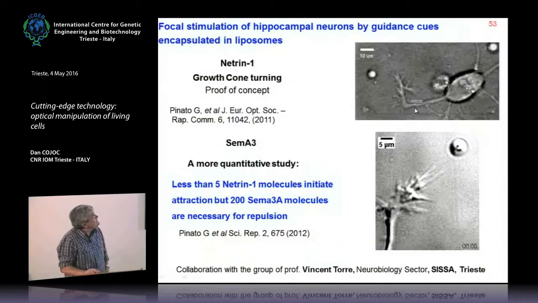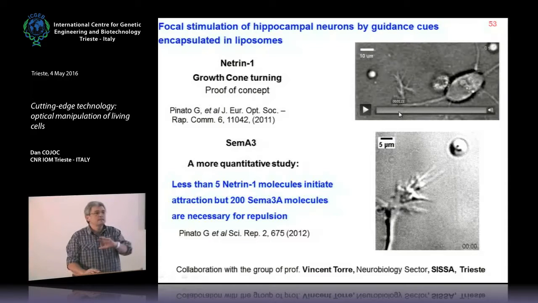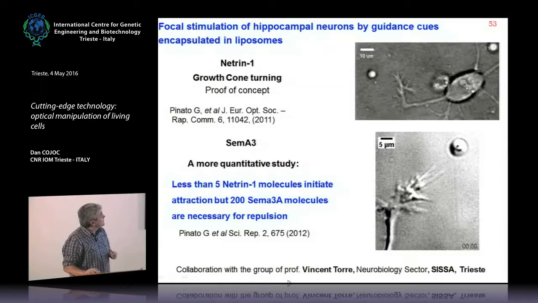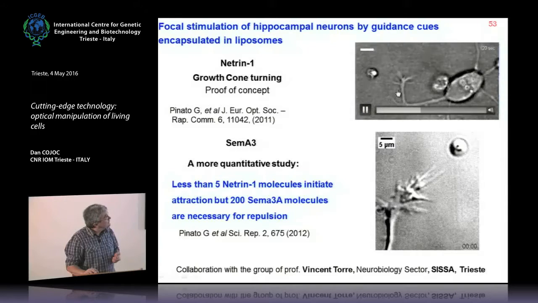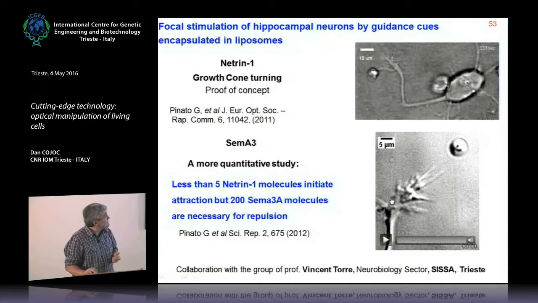Okay, so this is a good method because it can be applied basically with any type of molecules. In collaboration with Vincent Torre from SISSA, we played with other guidance cues, with netrin, with semaphorin, and for instance here you see the liposome and the neurite getting to the liposome, because netrin sometimes is attractive.